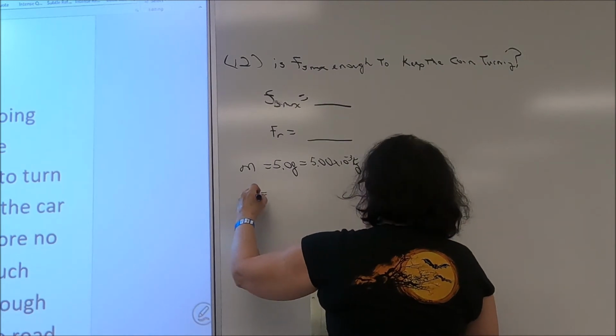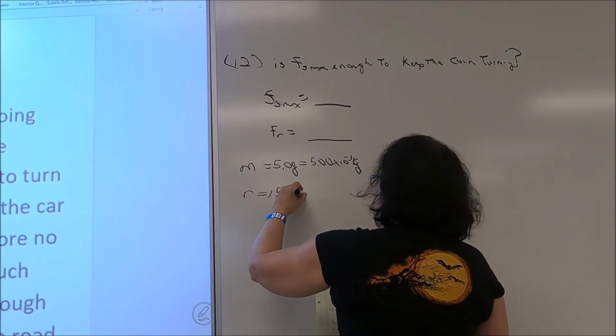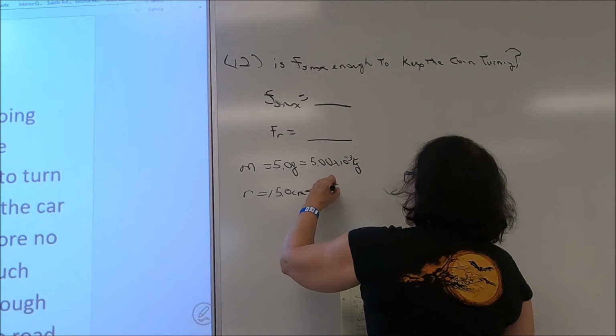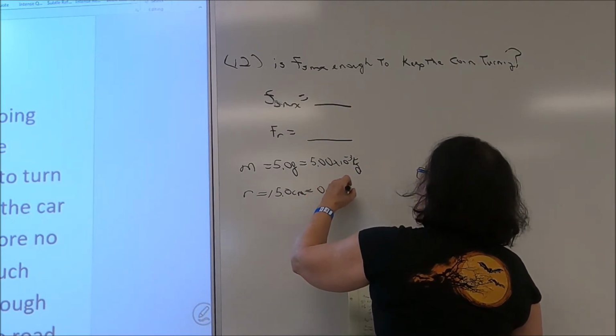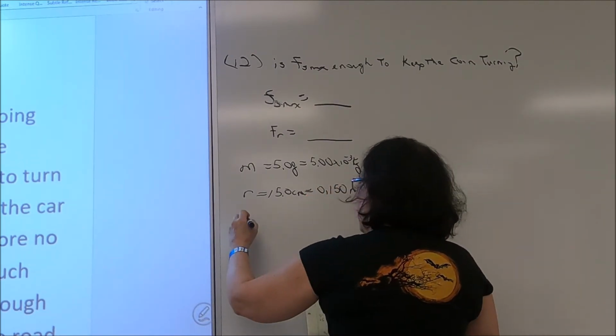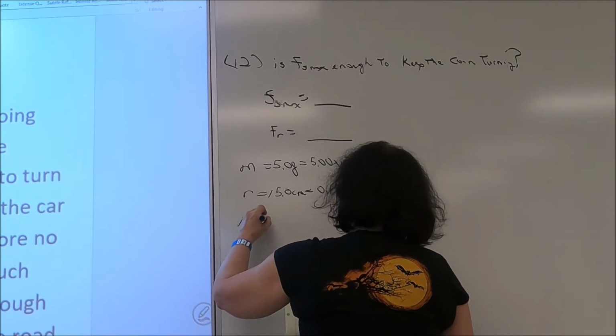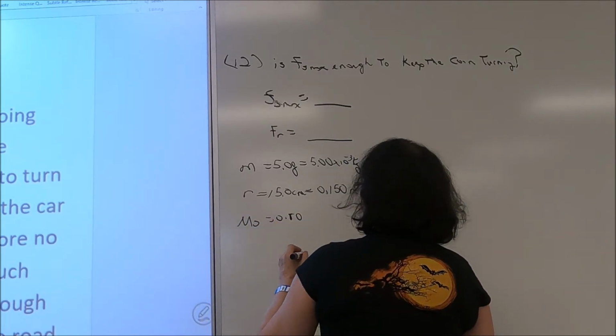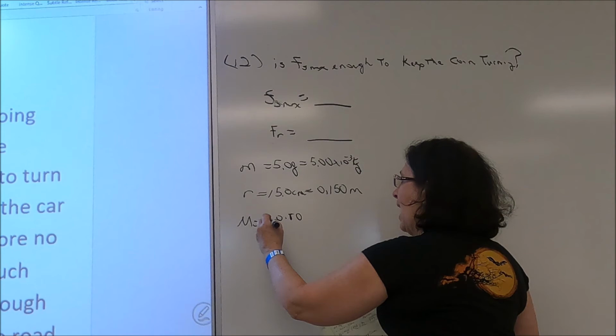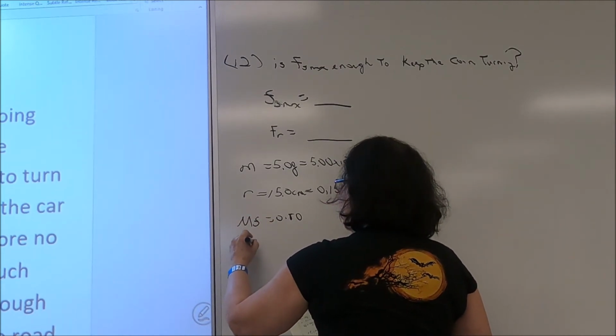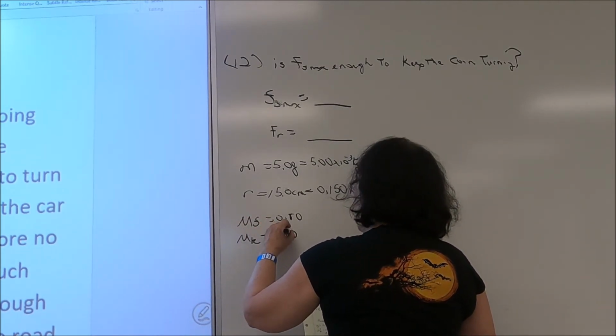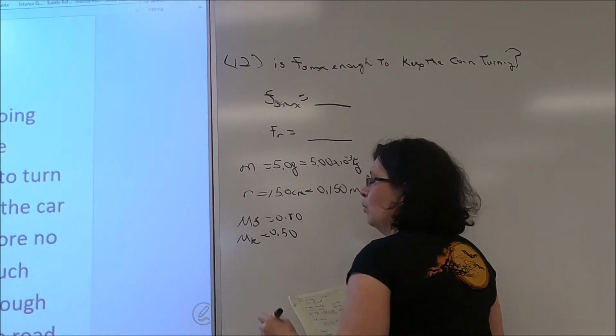We're told that the radius is 15 centimeters, so it's 0.150 meters. And we're given mu sub s is 0.80. Now they gave us mu sub k, 0.50, but that's information we don't need.